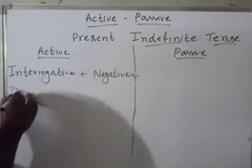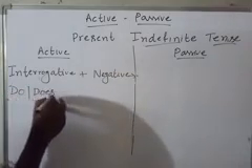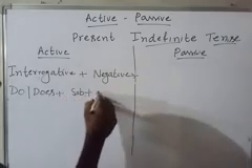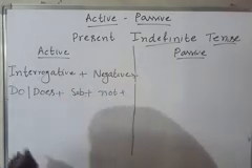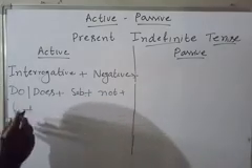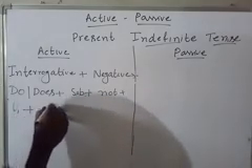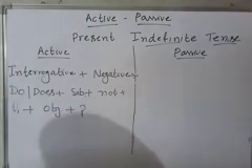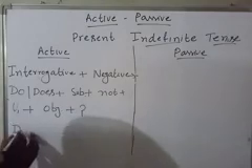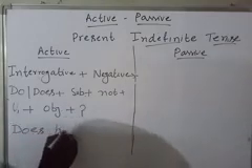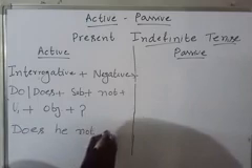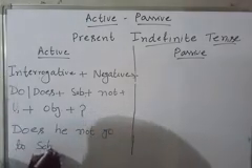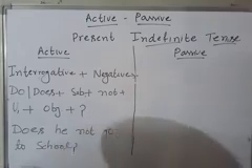We use do, does, then we use subject, then we use negation, then we use verb first, and second last the object, and we end the sentence with a question mark. For example, the same example: does he not go to school?